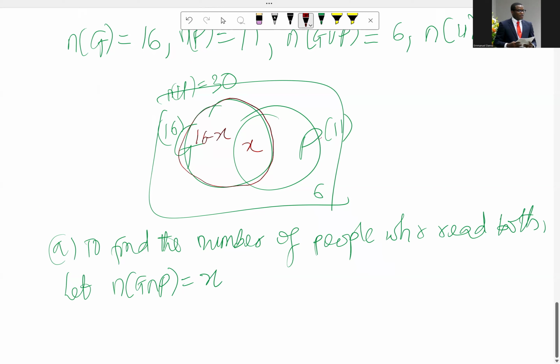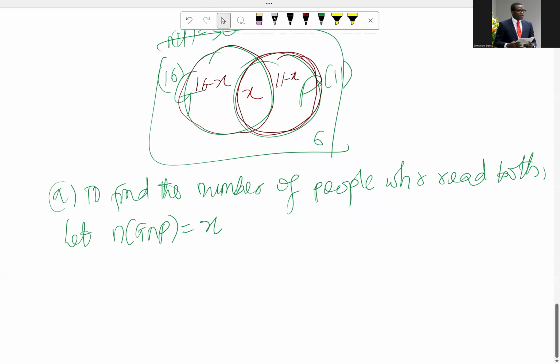In the same way, everything in this box is 11. So those who read only the Guardian will be 16 minus X. Those who read only the Punch will be 11 minus X, because everybody here should add up to 11. And since this place is X, we have 11 minus X for those who read Punch only. And that's all we have, right?